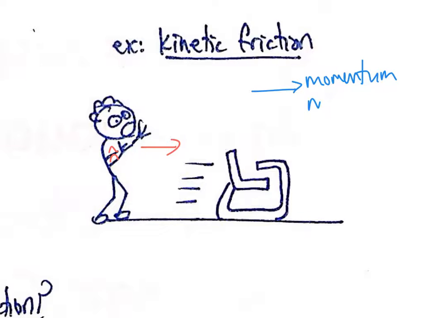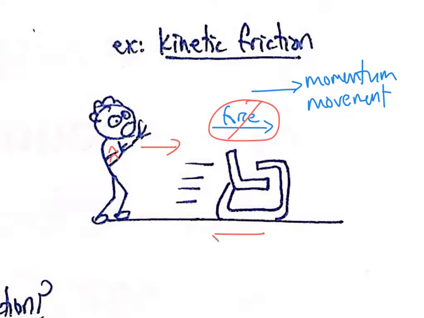So I'll say movement. But once he lets go, there's no force in the forward direction. Okay, so I'll write this. There's no force pushing the chair forward, but there's definitely a frictional force in the backwards direction, so friction slows it down.